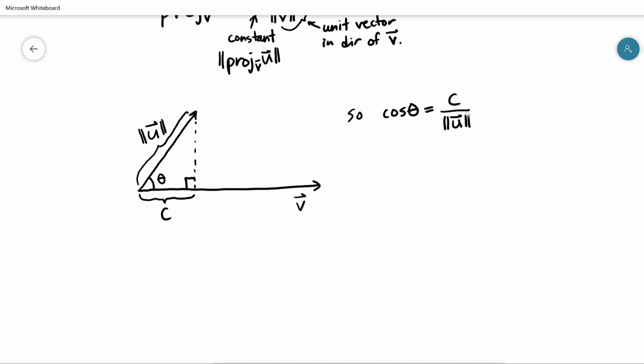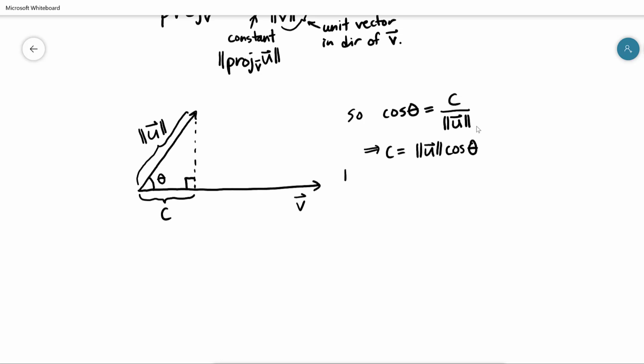So here's the CAH part of our SOHCAHTOA. And we can solve for C being equal to the magnitude of U times the cosine of theta. Okay, so this is what we've got. The magnitude of U times the cosine of theta.